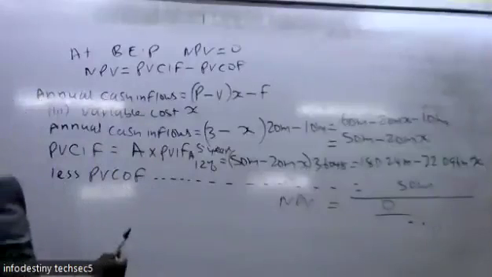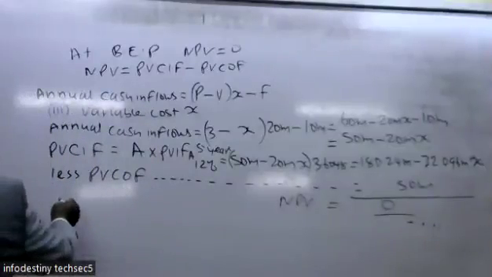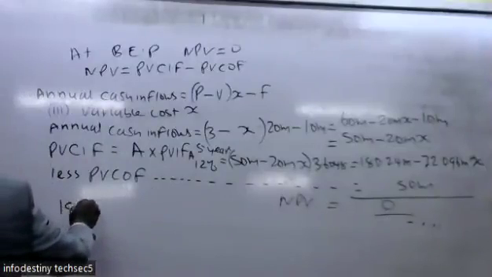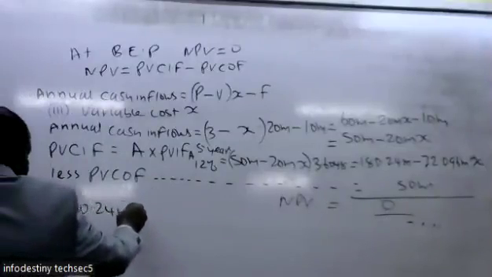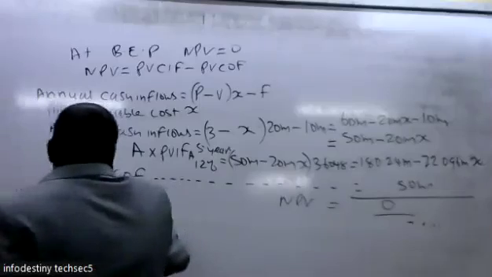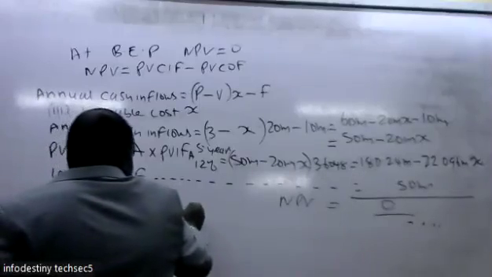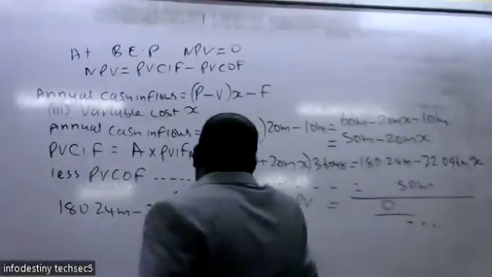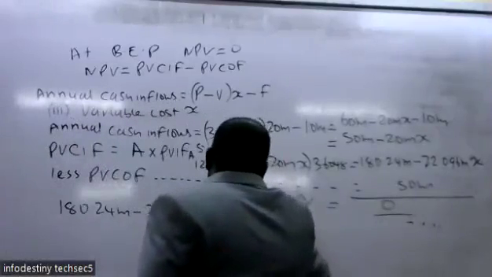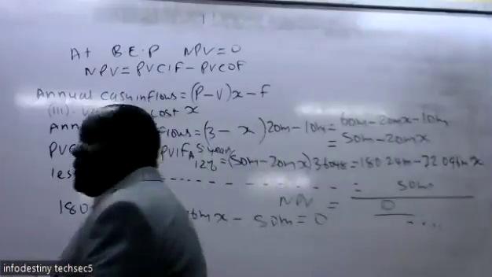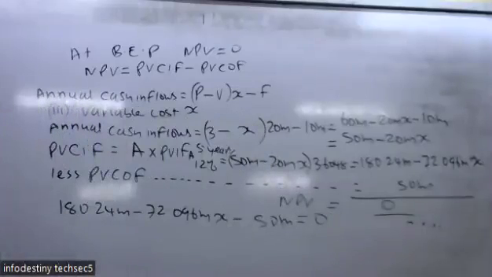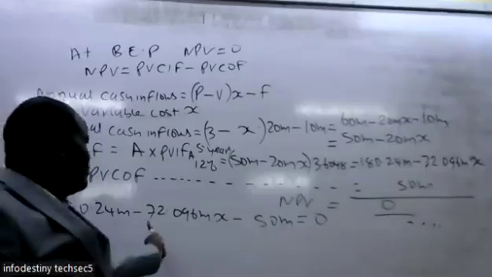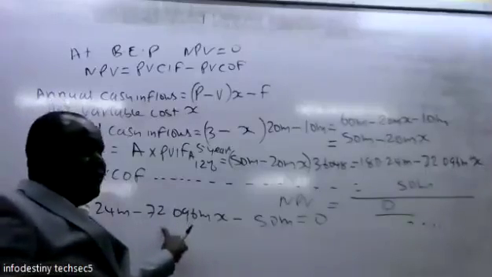So now in our new equation, we shall have 180.24 millions minus 72.096 million X minus 50 millions. We should get 0. Make X the subject, because it is the one to cross, since it is negative.